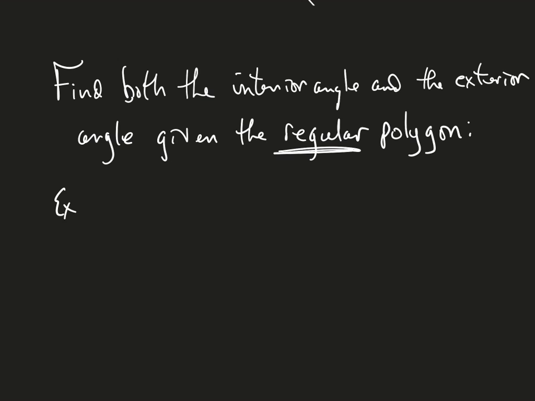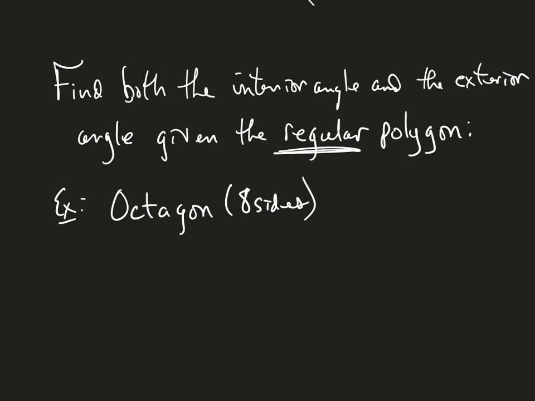All right, and so in our first example, the type of polygon I'm going to give you is a octagon. All right, octagon, if you don't remember the prefix, means 8 sides. All right, and so what I'm going to ask you to do is find both the interior angle and exterior angle given the regular polygon.